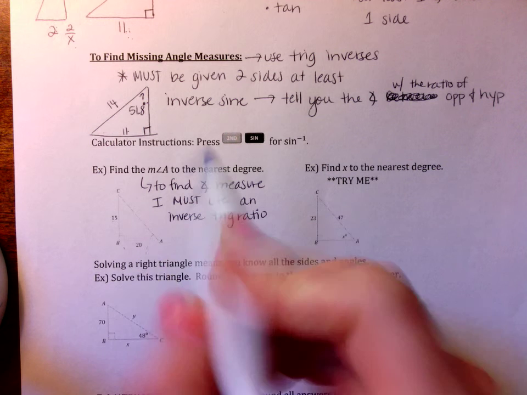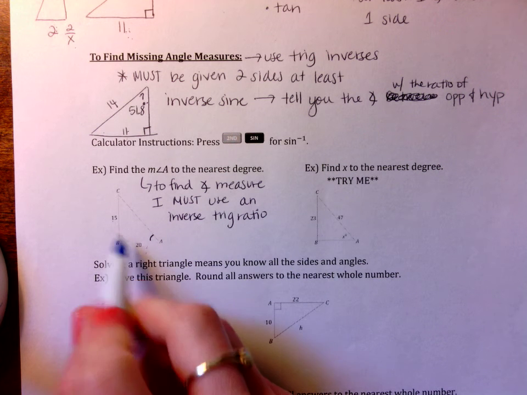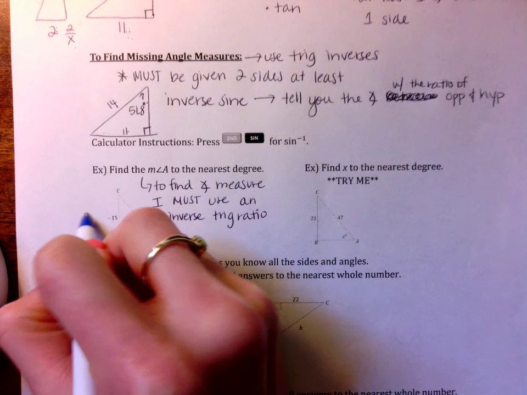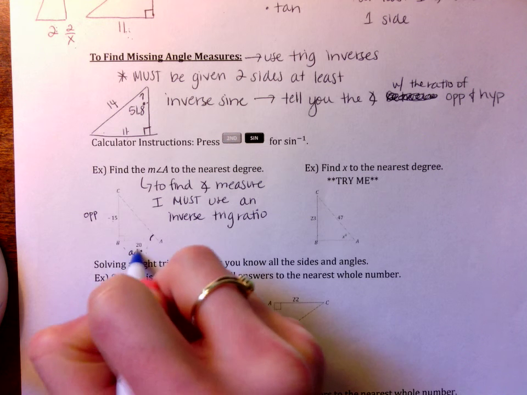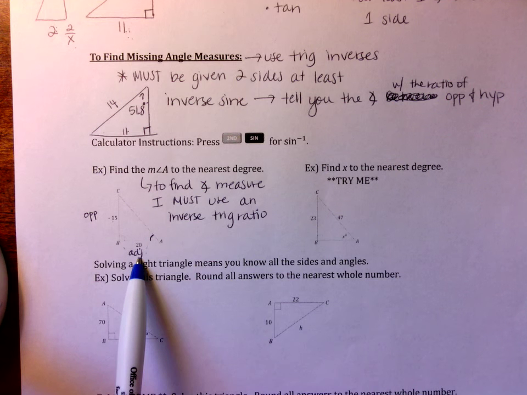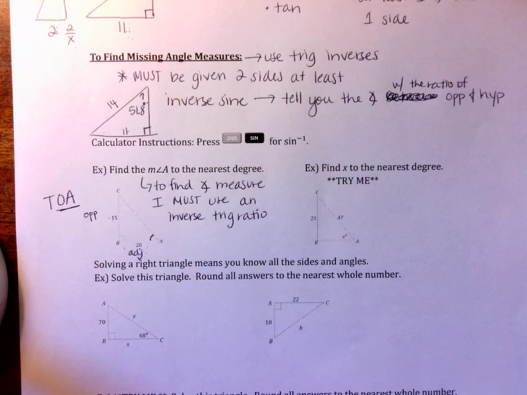So here, if we're looking at angle A down here, mine's kind of light, we have the opposite side to angle A, and we also have the adjacent. What trig ratio inverse do you think we're going to use? Well, the one that relates opposite over adjacent is tangent. If you remember TOA, opposite and adjacent.